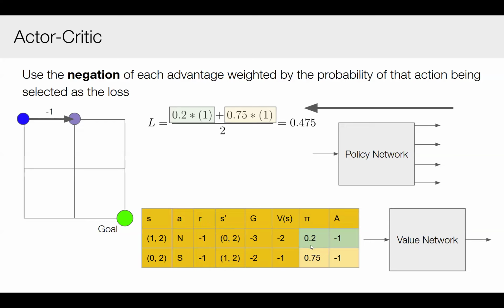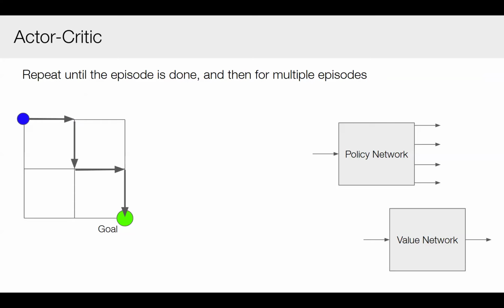We're going to multiply this probability by the advantage for each row. And again, average these two to use as our overall loss. And notice I'm negating the advantage here. I'm using +1 instead of our actual advantage of -1. So this loss will then be backpropagated through the policy network with the hope that it'll learn and eventually get better. So yeah, that wraps up actor critic.